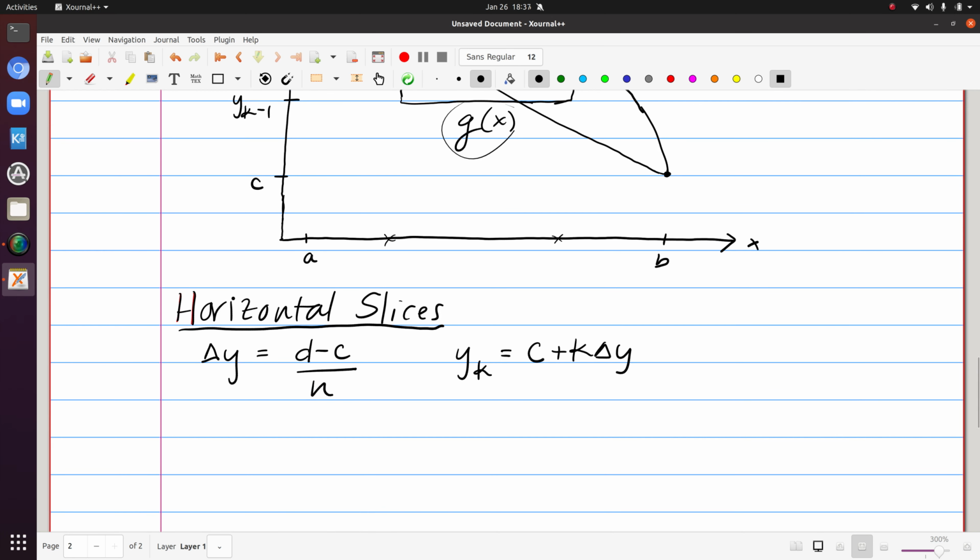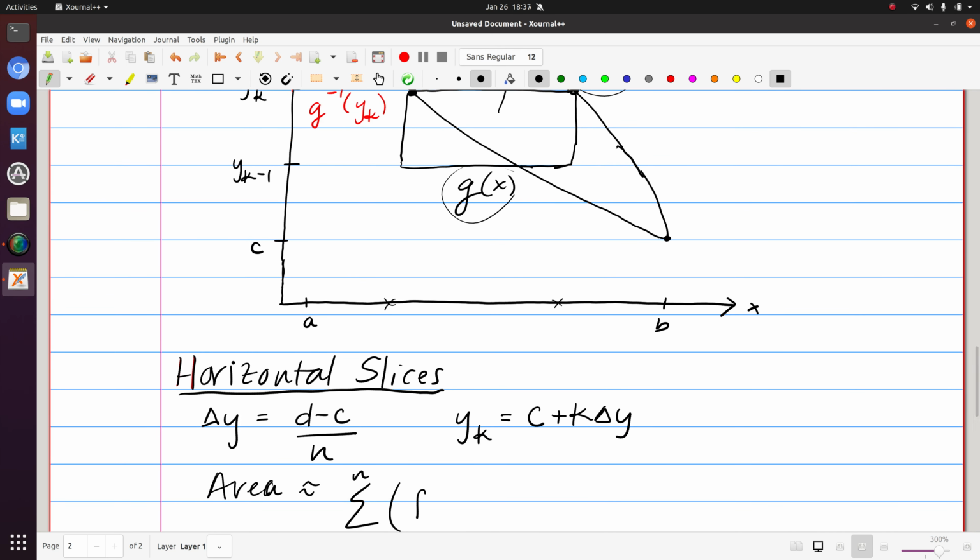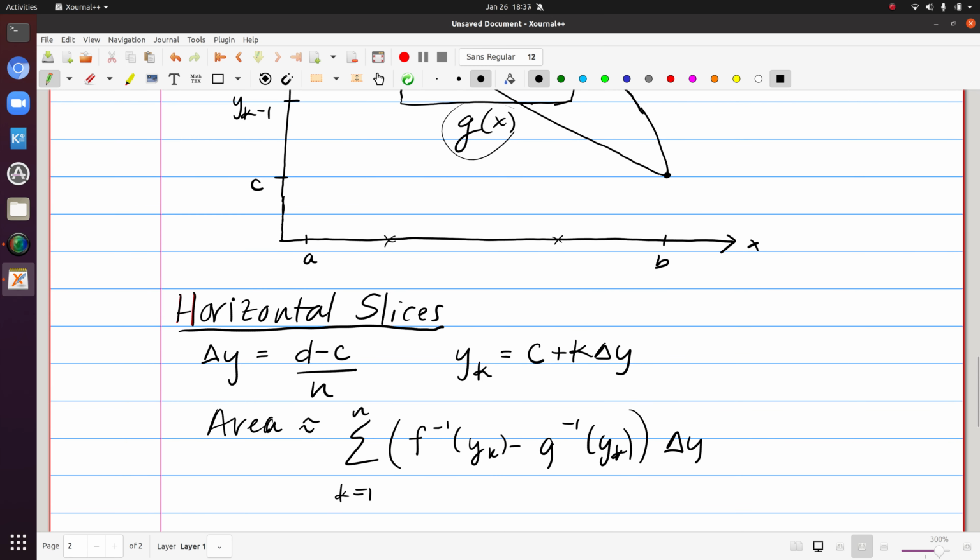So what we get here is that the area of the entire region is roughly equal to the sum of the area of all of my n rectangles. And again, I'm going to use my formula that I've looked at above to get f inverse of y sub k minus g inverse of y sub k times delta y.